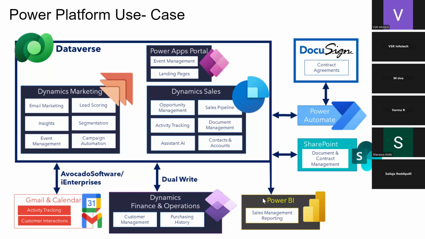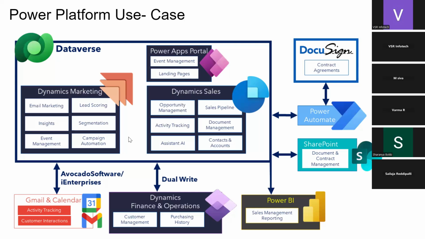If you go down here, with Power BI we have sales reports, some management reporting, some campaign reports, all those. For your financing options, you have customer management and purchasing history, for which you can use a software such as dual write.